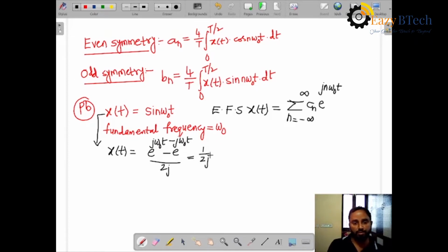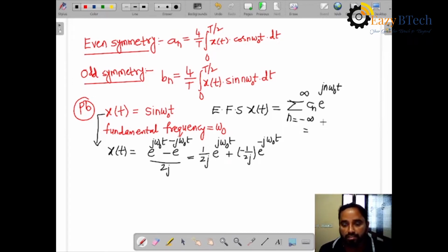So we can do it separately: 1 by 2j e power j omega naught t plus minus 1 by 2j e to the power minus j omega naught t. I am writing the sine function in terms of exponentials as per Euler's formula.